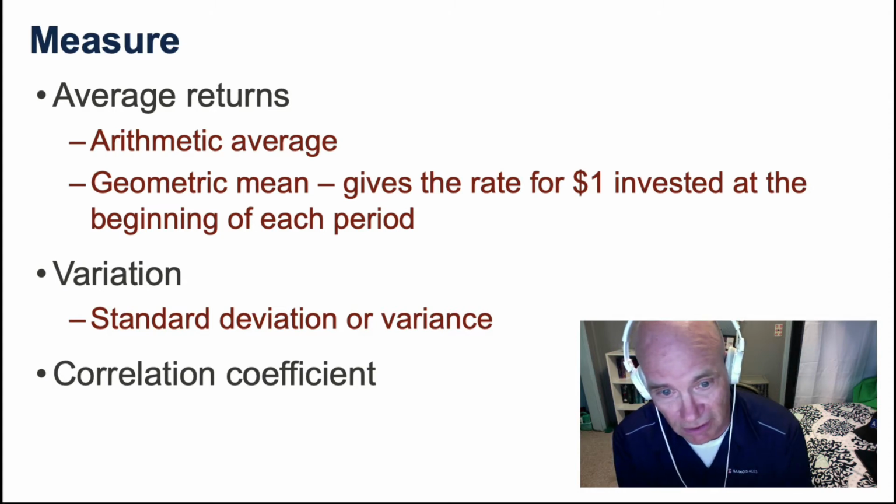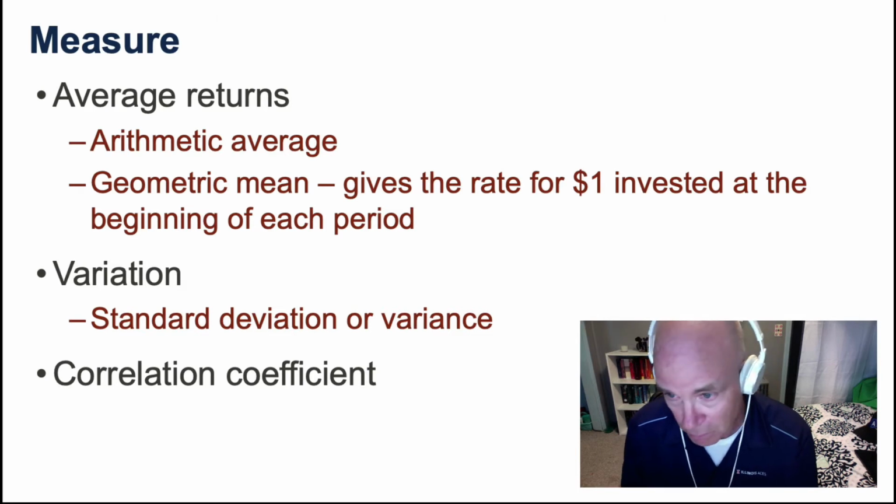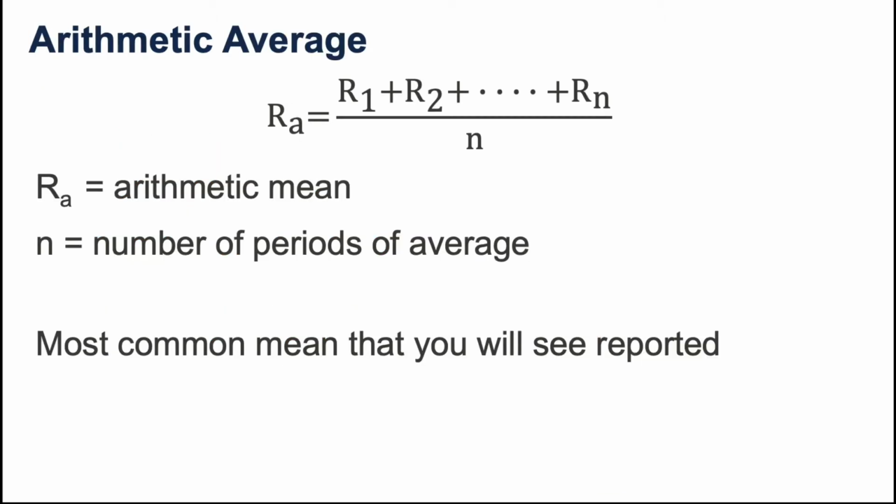Both measure the same thing. And then there's one other measure that we're very concerned about, and that's the correlation coefficient. And that is between two assets, two variables, and it tells how closely they move with one another.